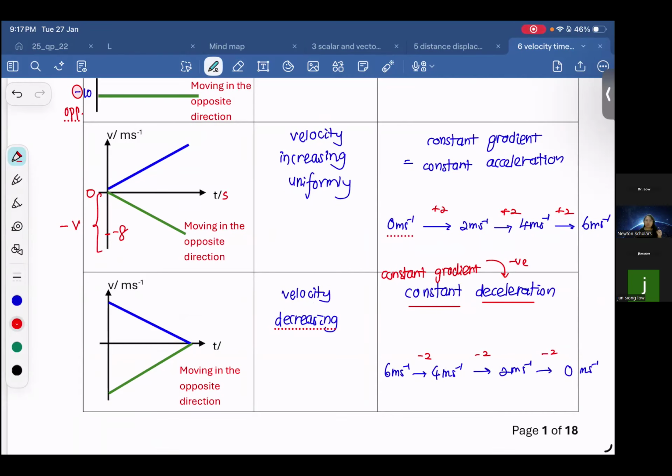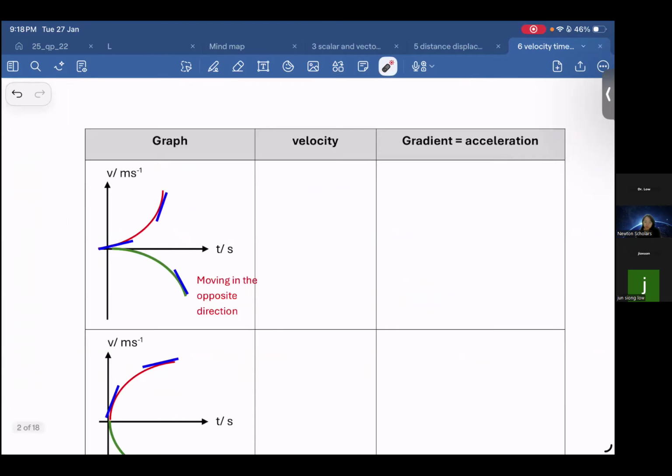Is that clear? The blue color and green color are the same motion, just the green color is moving in the opposite direction. That's all. So they slow down for this graph. Okay, so we go to page number 2.